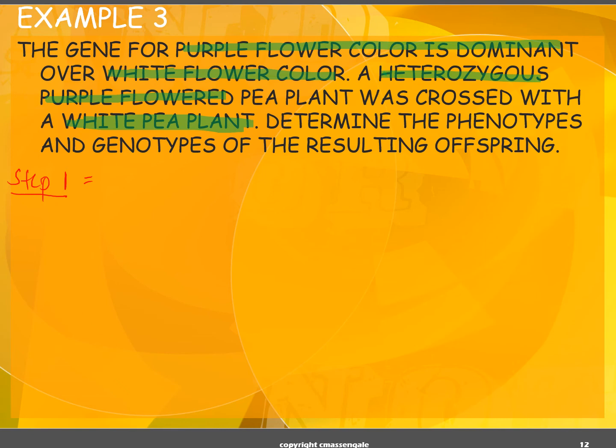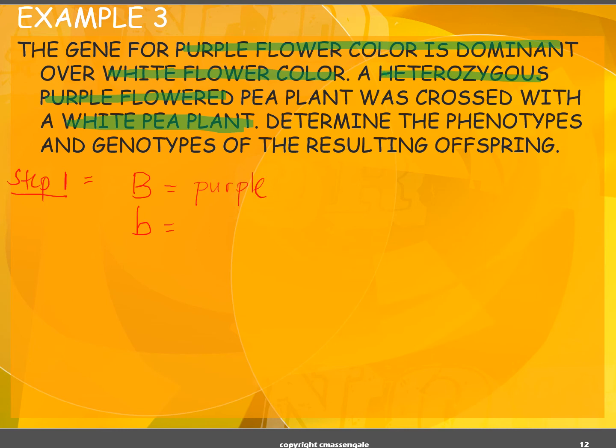In this particular problem, let's use letter B, as in boy. So, let's have capital B and small letter b. Now, purple flower is dominant. Nakalagay na, purple flower is dominant. So, the capital letter B here represents purple.